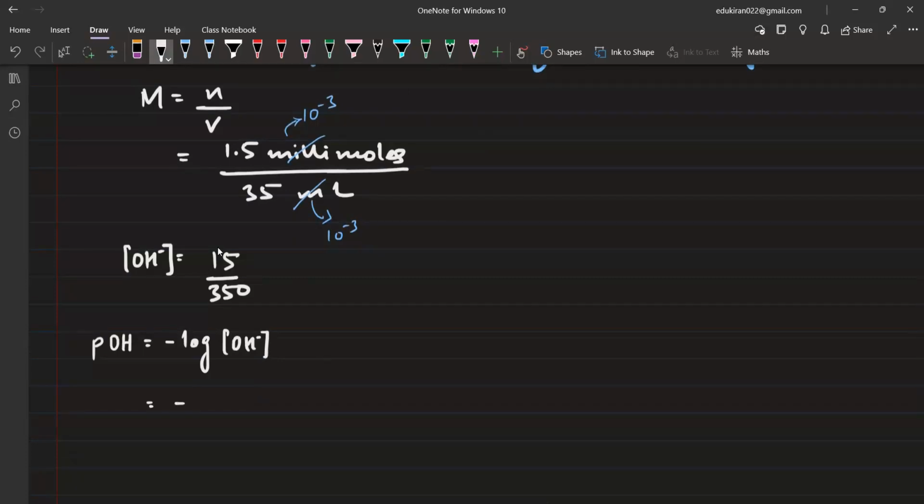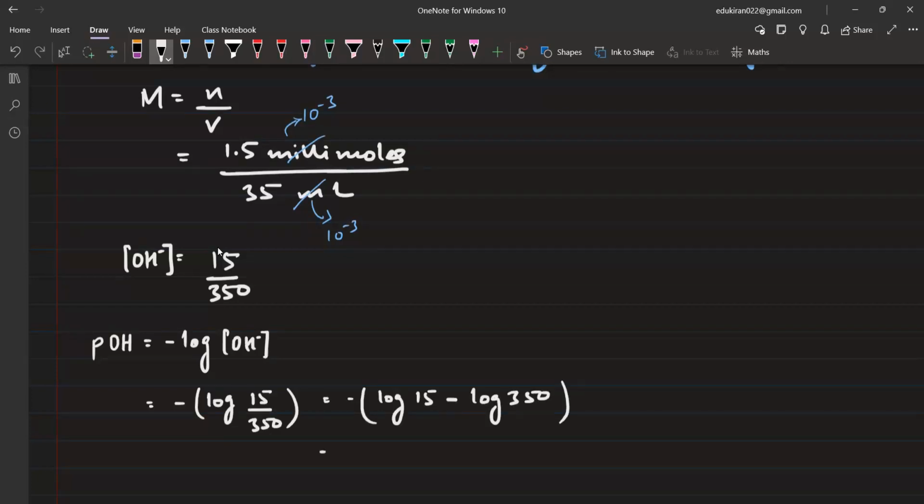This will be equal to minus log of 15/350, which is minus log 15 minus log 350. Now you have to find log 15 and log 350.